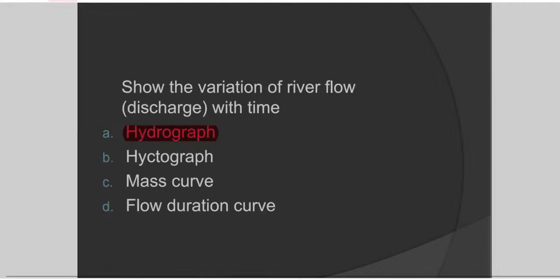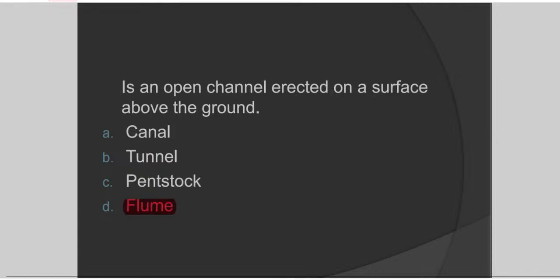Which shows the variation of river flow, discharge, with time? A. Hydrograph. B. Hyetograph. C. Mass curve. D. Flow duration curve. An open channel erected on a surface above the ground. A. Canal. B. Tunnel. C. Penstock. D. Flume.